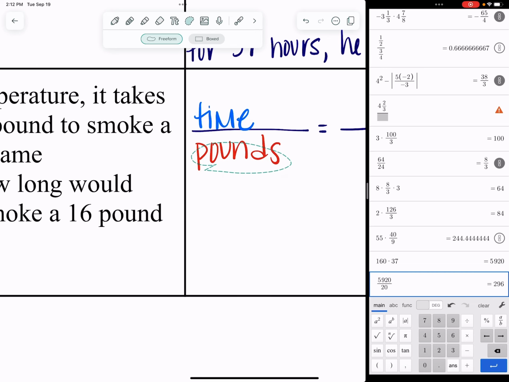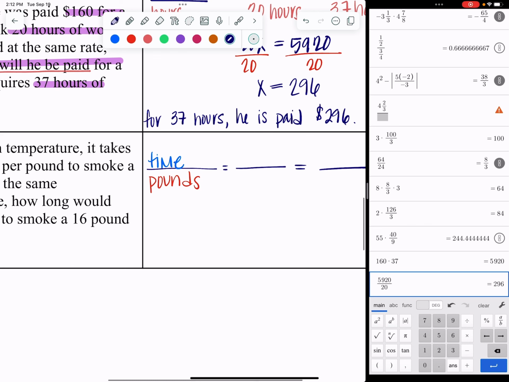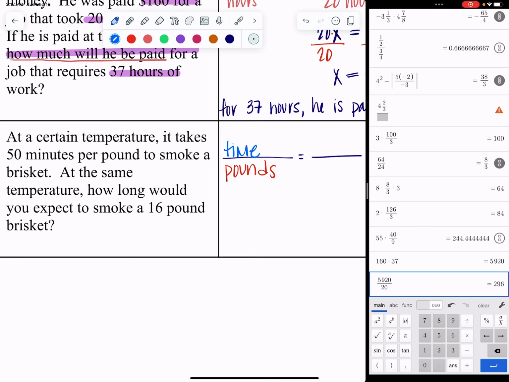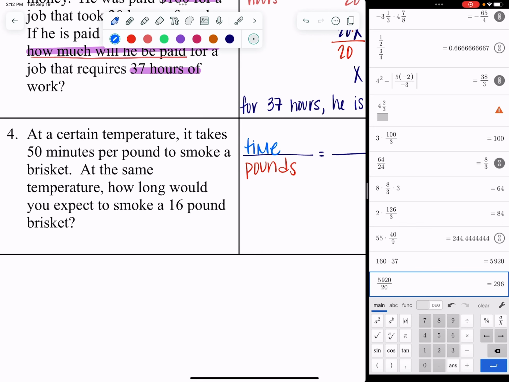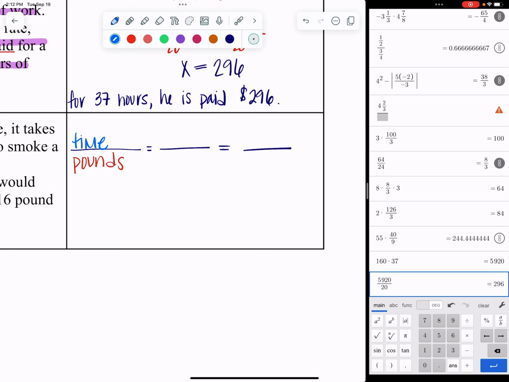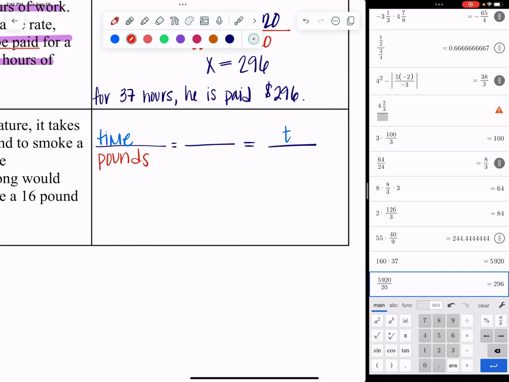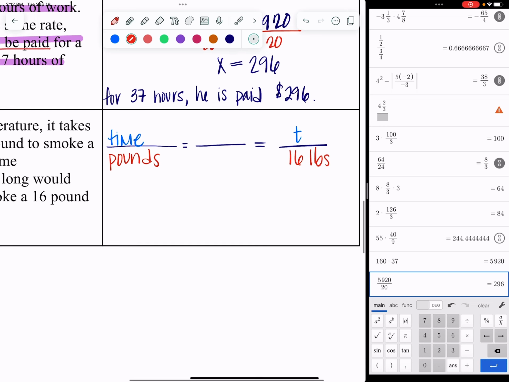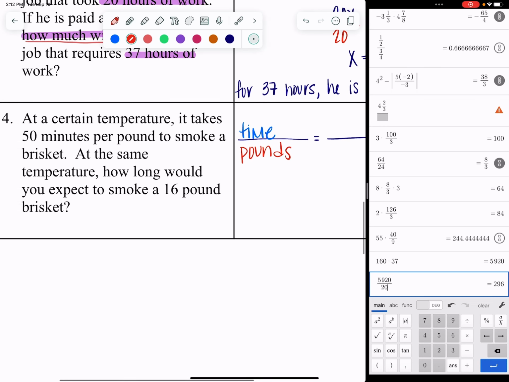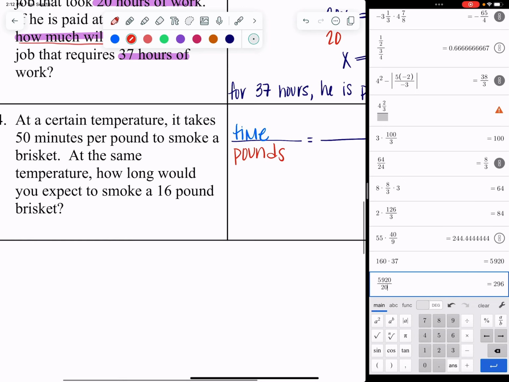There we go. How long would you expect to smoke a 16-pound brisket? So we're looking for time. I'm going to use a T this time. We have a 16-pound brisket. Initially, we were told 50 minutes.